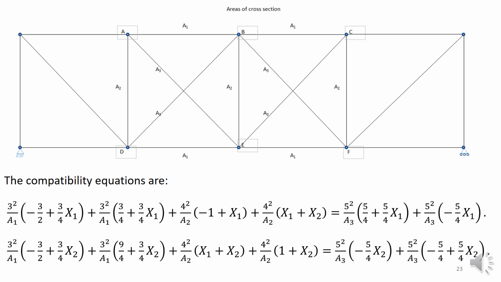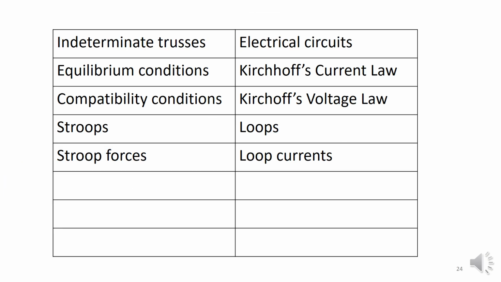Once you have the values of x1 and x2, you can find all of the forces in the truss, and basically that solves the truss. So what we have just done is give an example of the method of Stroop forces for solving trusses.